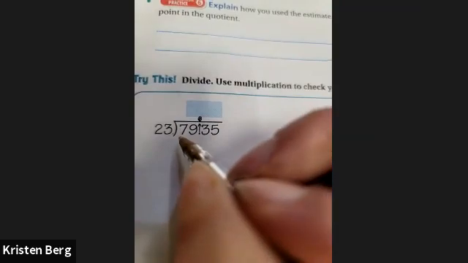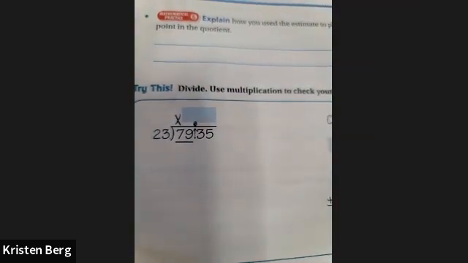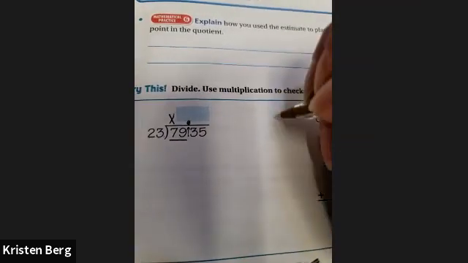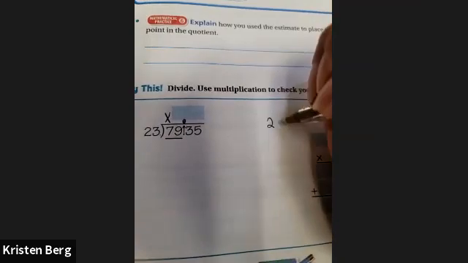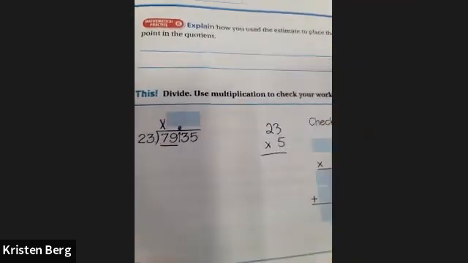Now I go one step at a time. Can 23 go into 7? No, I cannot. Can 23 go into 79? Yes. So this is where you can go ahead and do guessing and checking. First thing I'm going to try is 23 times, let's try 5.